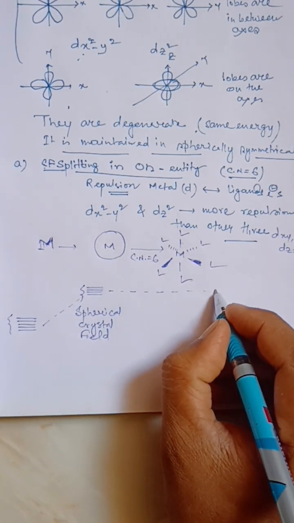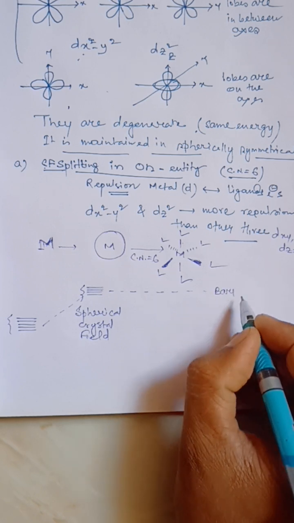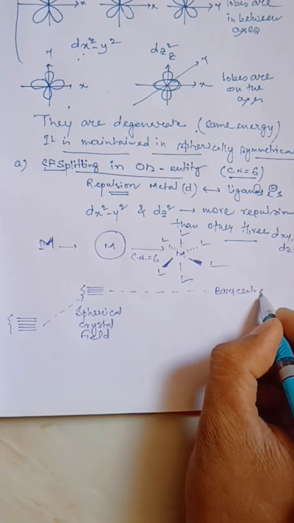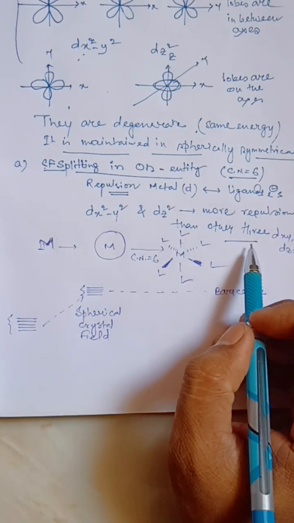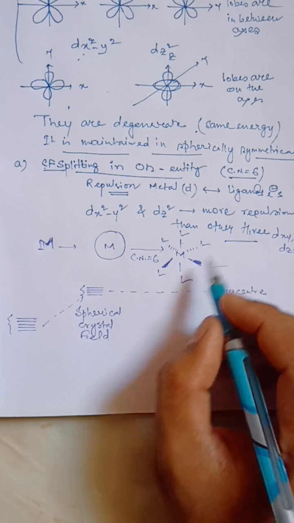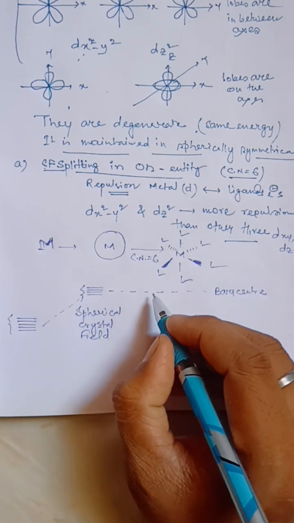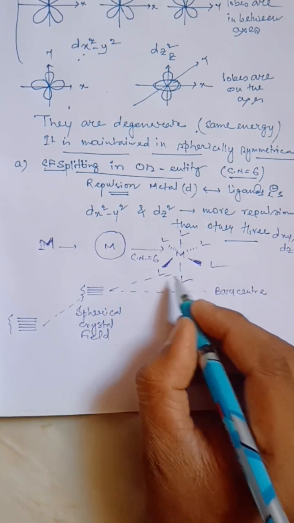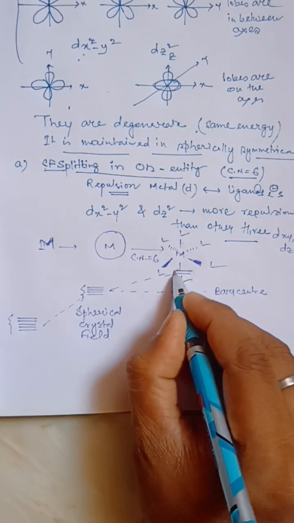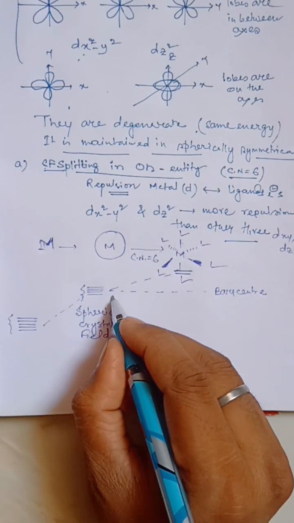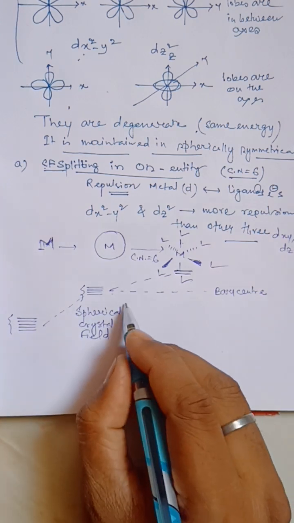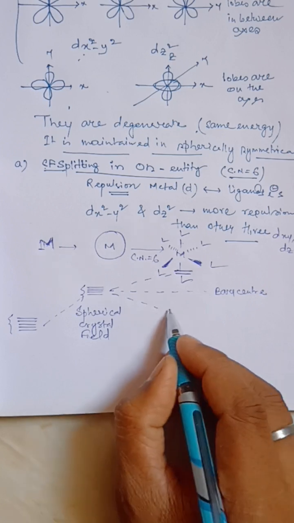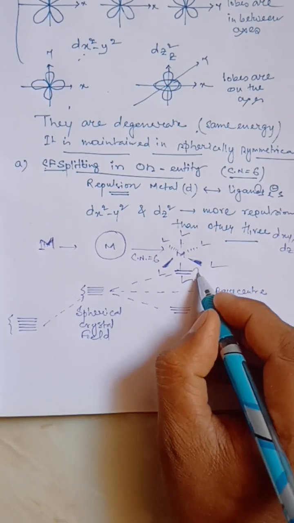this is known as the barycenter. We already said that the 2 d orbitals, that is dx square minus y square and dz square, get some higher energy, and the 3 d orbitals, that is dxy, dyz and dzx, get down.